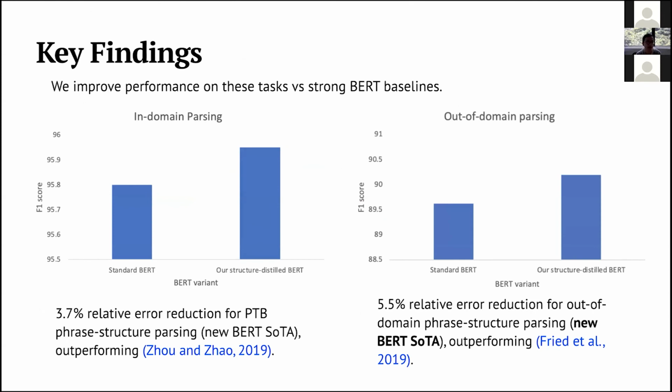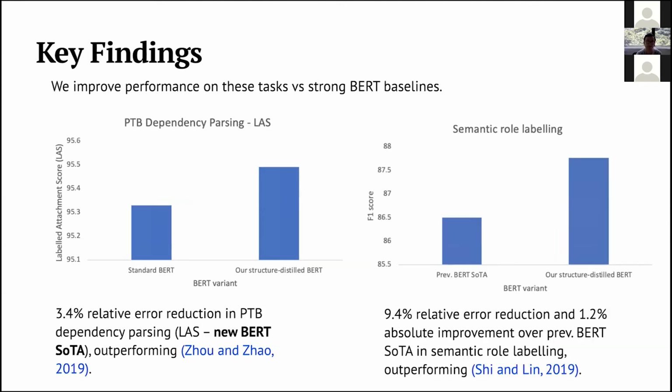So we find that we improve the performance of the parsing task and reach the new state of the art using BERT. So this is the dependency parsing where we win in terms of the in-domain task, which is the news wire task. We also generalize better in terms of the out-of-domain task. We also try it on semantic role labeling.